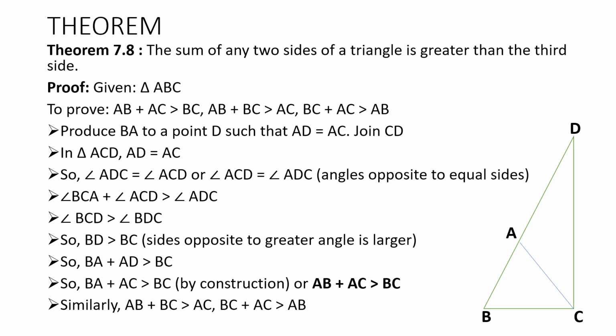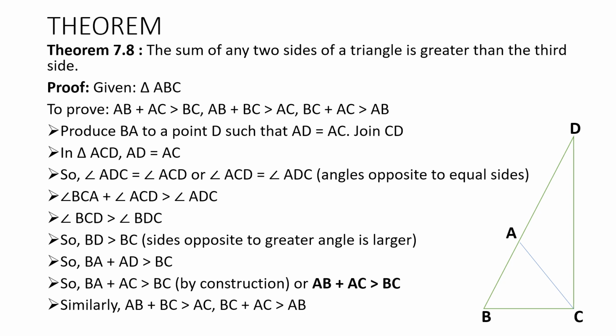Now on the left hand side we just add an extra angle, angle BCA. So obviously when you add an extra angle, the total measure will be more. So angle BCA plus angle ACD is greater than angle ADC. But what is angle BCA plus ACD? It is angle BCD. Hence we have shown that angle BCD is greater than angle BDC.